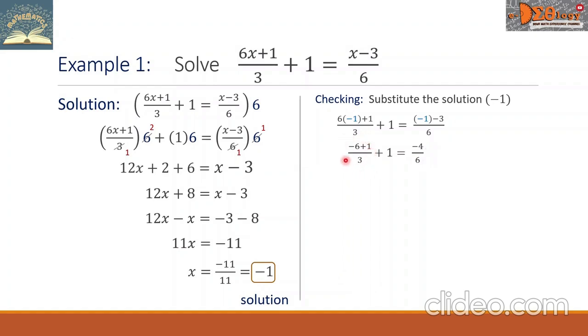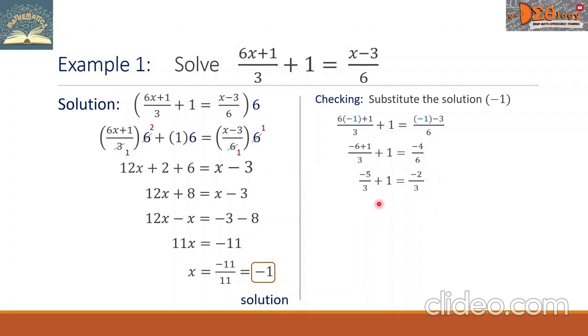This fraction, we simplify the numerator as negative 5 over 3 plus 1 equals, this fraction is reduced to lowest term as negative 2 over 3.